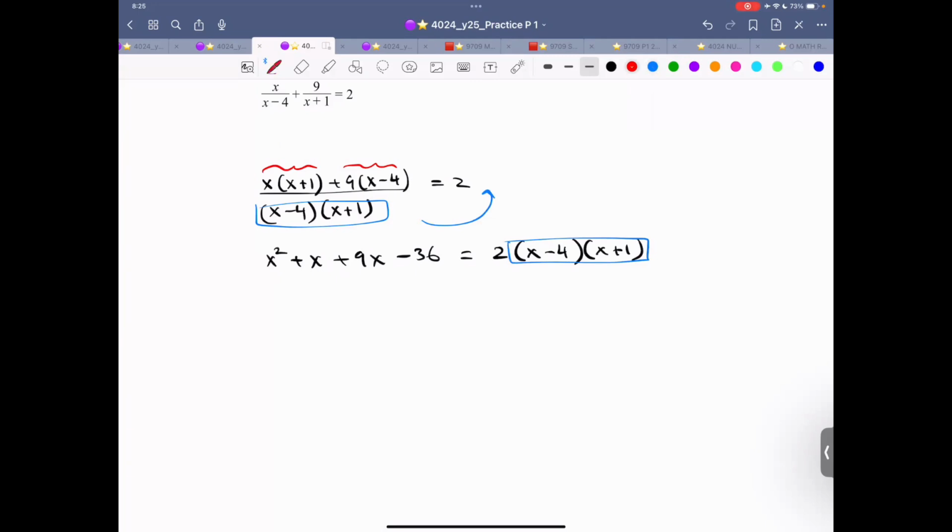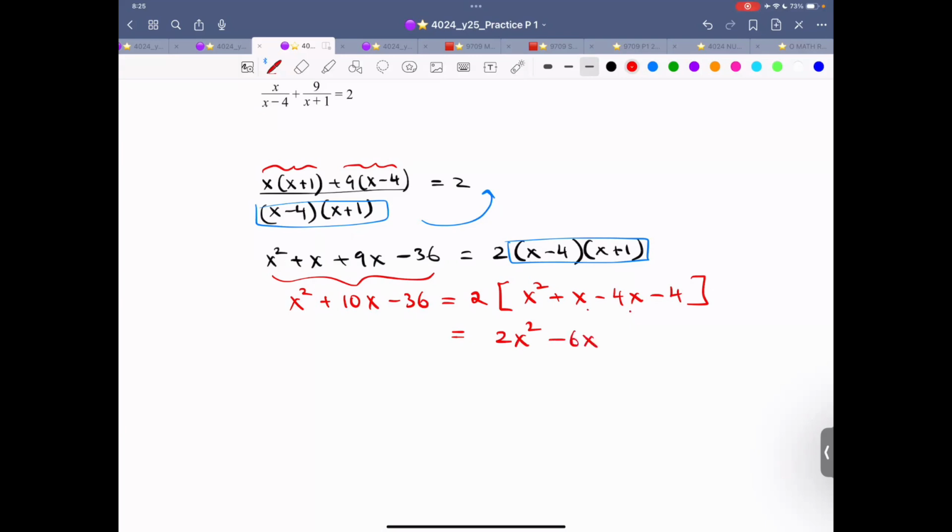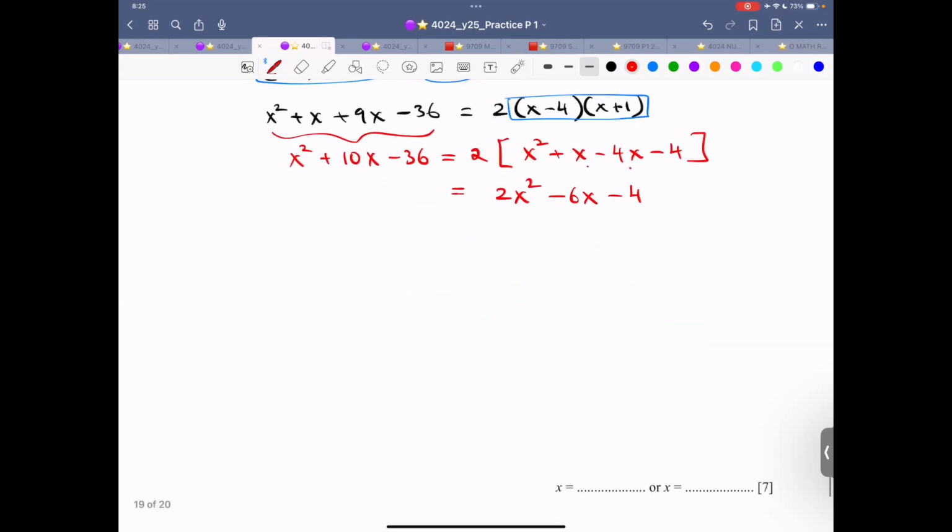Got it? So now x squared plus 10x minus 36 equals 2 times (x squared plus x minus 4x minus 4). This is 2x squared, x minus 4x is negative 3x, into 2, negative 6x, minus 4. This is x squared plus 10x minus 36.